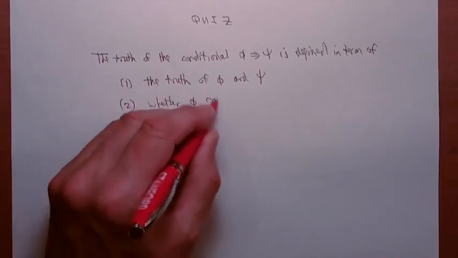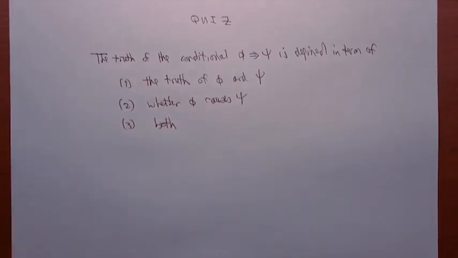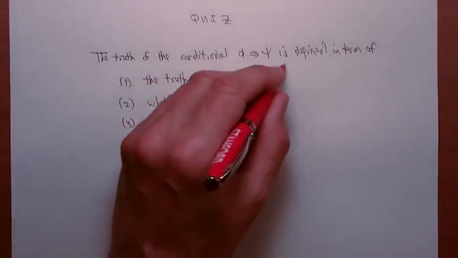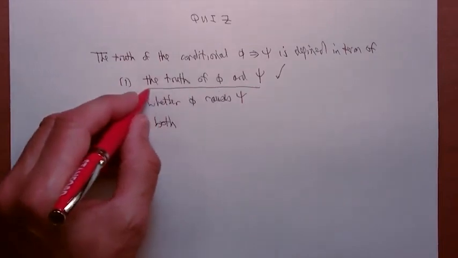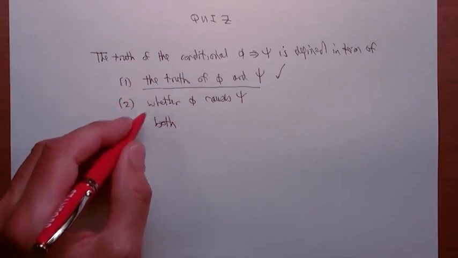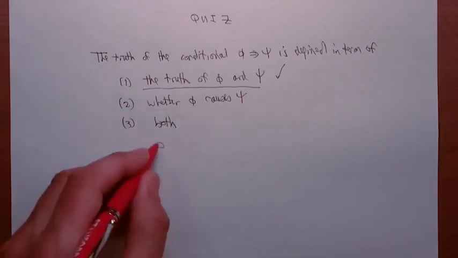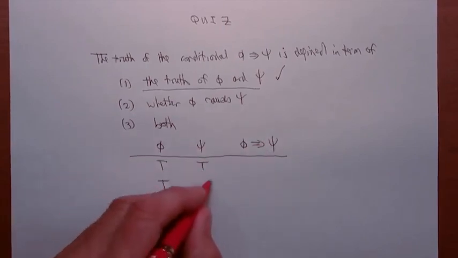Whether phi causes psi, or both. Which is it? It's number 1. We define the truth of a conditional in terms of the truth and falsity of the antecedent and the consequent. And because we define the truth of the conditional in terms of truth and falsity in that way, it has a truth table. So let's see if we can figure out what it is.